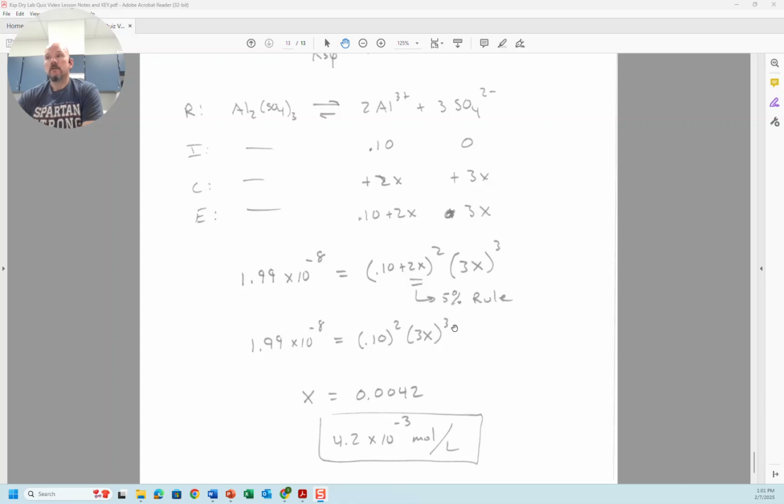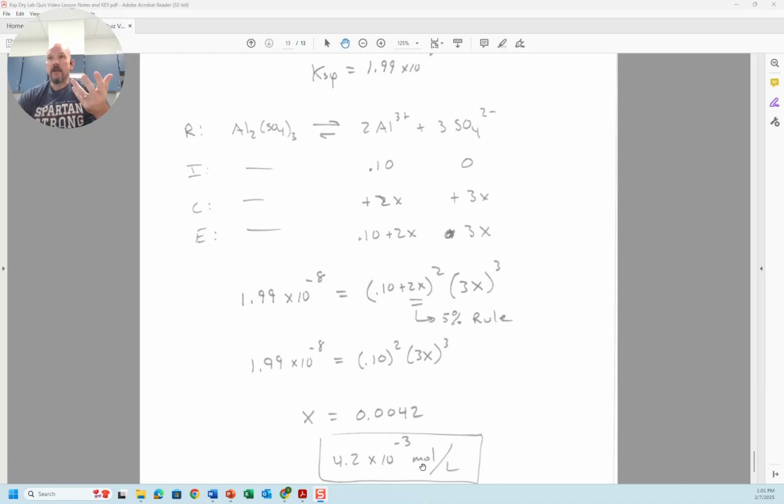We know the KSP value from our final answer of the original question, so we'll say KSP equals this. If we solve for x, it's the molar solubility. So x comes out to be 0.0042, which is 4.2 times 10 to the negative 3. Molar solubility needs units, and it's molarity, moles per liter, or capital M. Okay, and that's our answer.